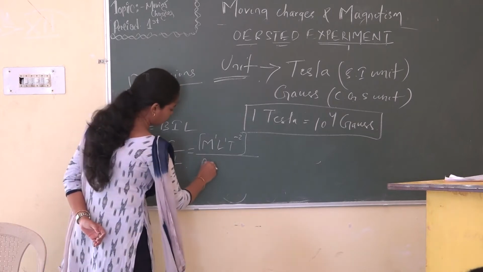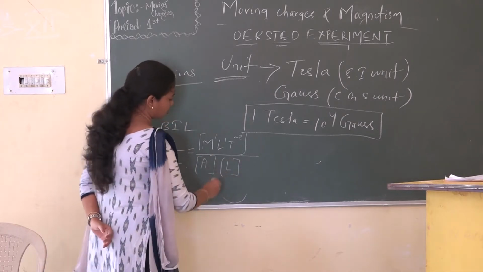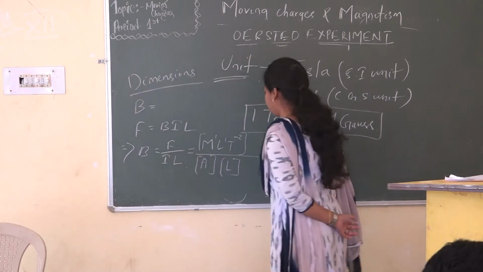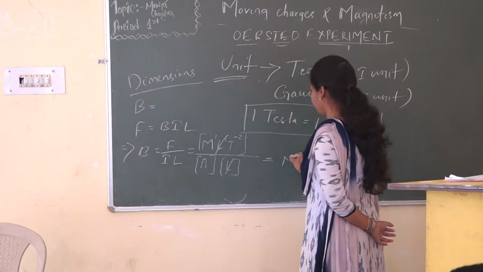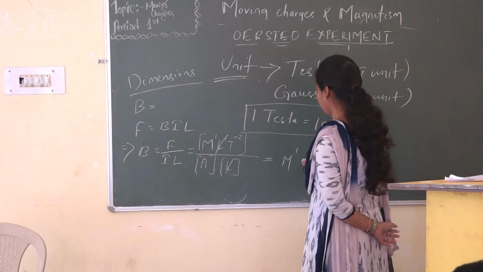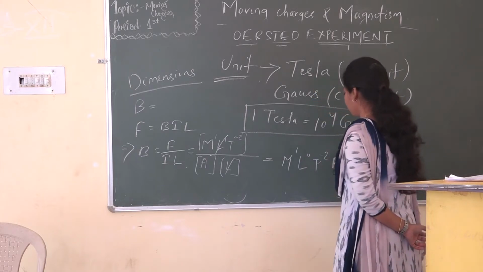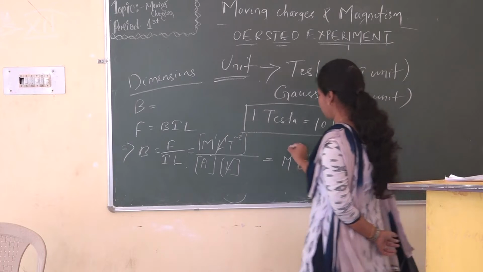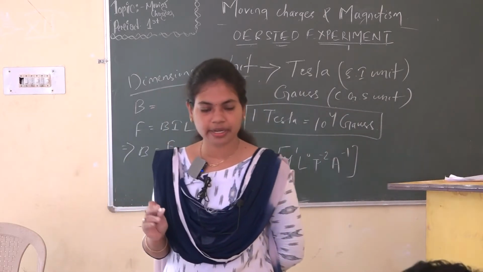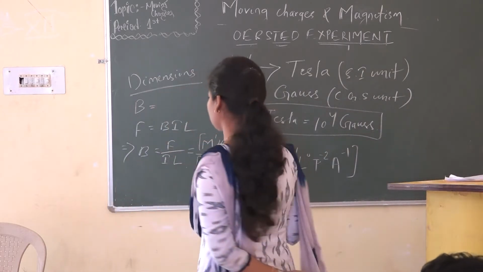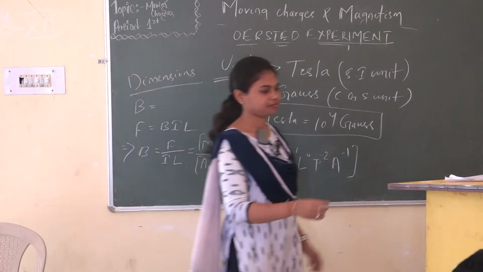Ampere, A. Then the length is L. Then what is the dimension of magnetic field? M1 L0 T minus 2 A minus 1. That is the dimensional formula of magnetic field B.